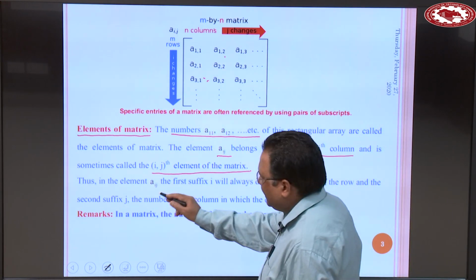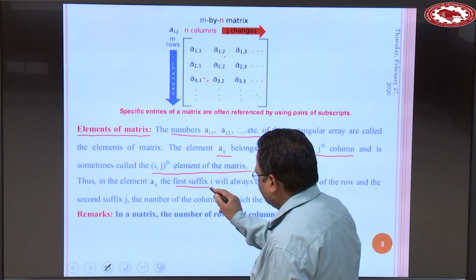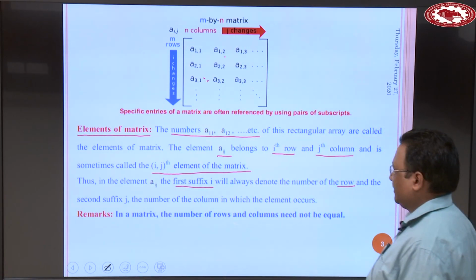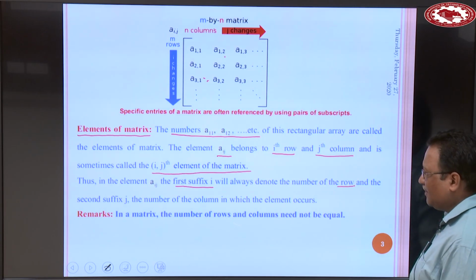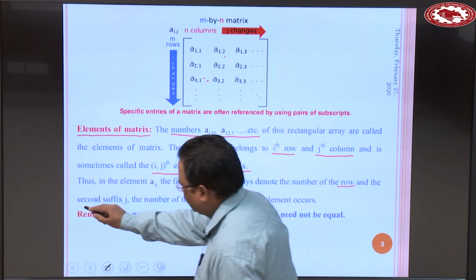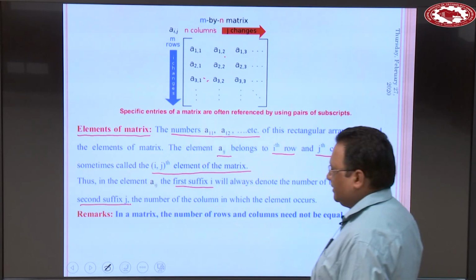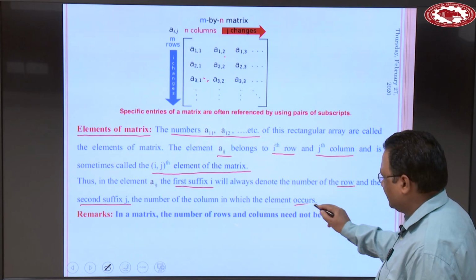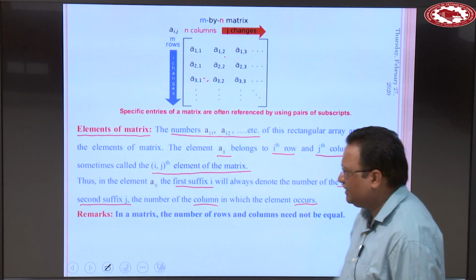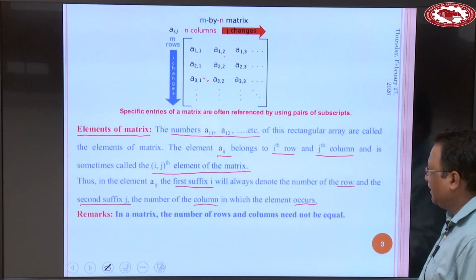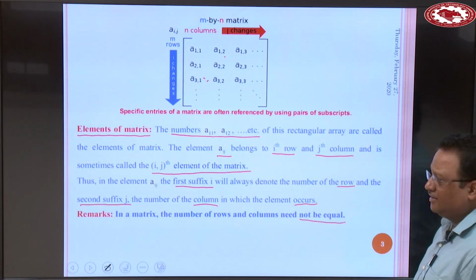Thus, in the element Aij, the first suffix i always denotes the number of rows, and the second suffix j always denotes the number of columns in which the element occurs. And in a matrix, the number of rows and columns need not be equal.